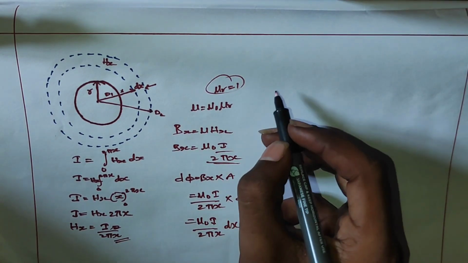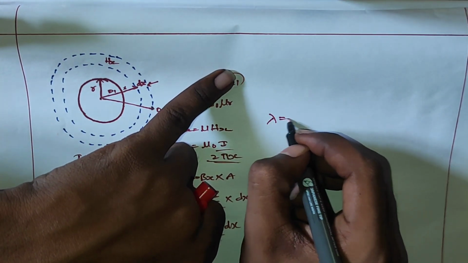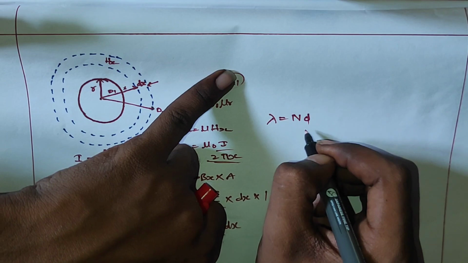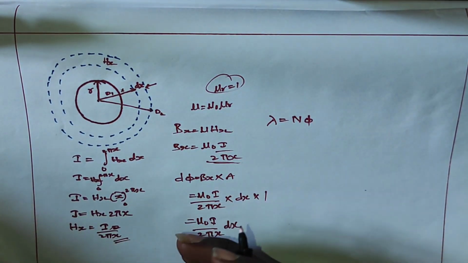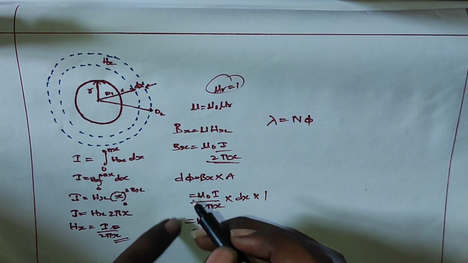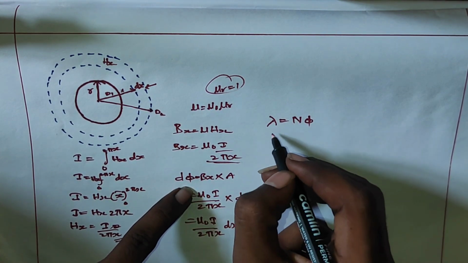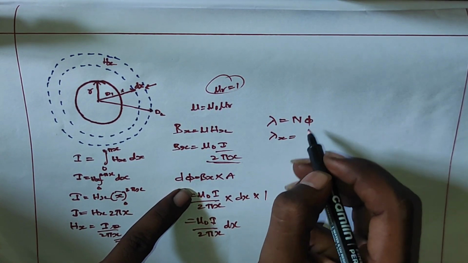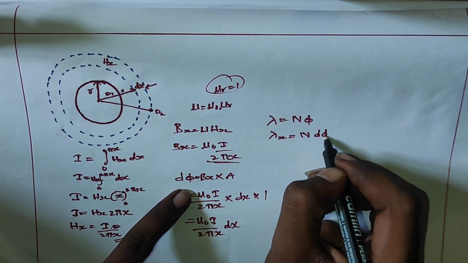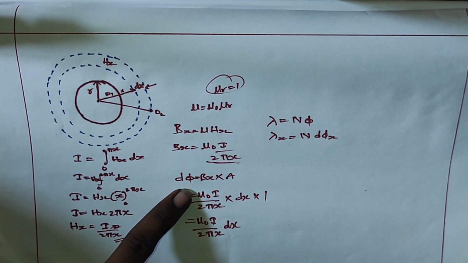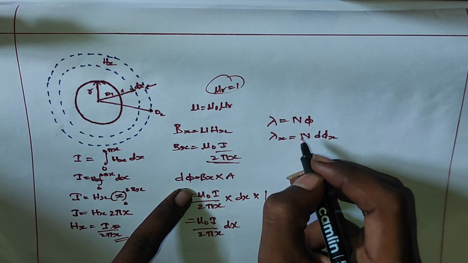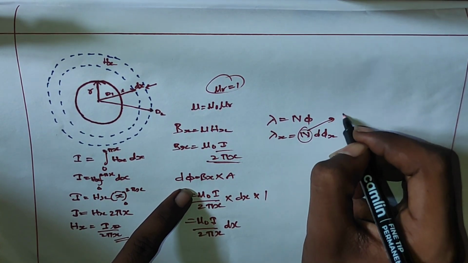Now we know that the flux linkage lambda equals n phi, but here what we have derived is d phi, so keep lambda x equals n d phi x. In a transmission line, the n value, the number of turns, will be 1. Why?